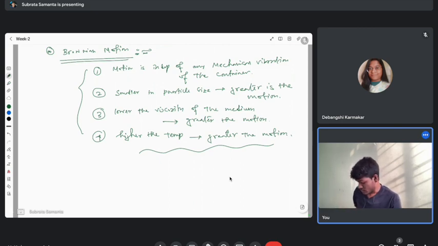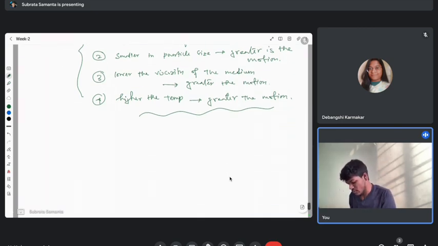Okay, so first we discuss briefly the diffusion process, and then I would like to discuss how the irregular movement of particles suspended in a liquid is related to the diffusion.